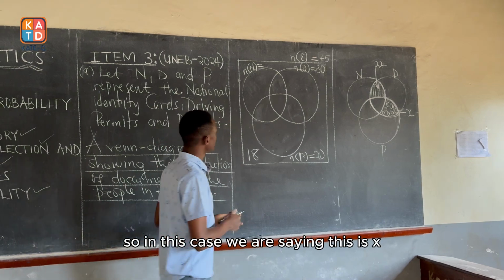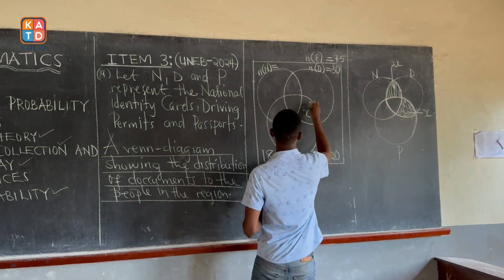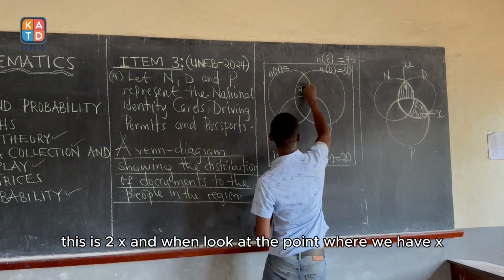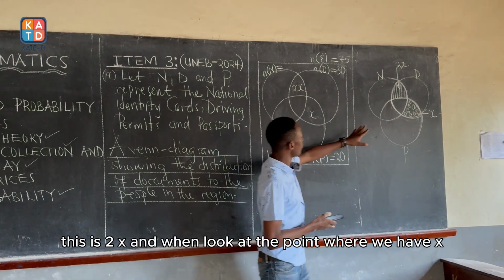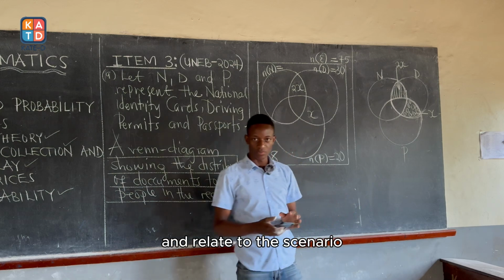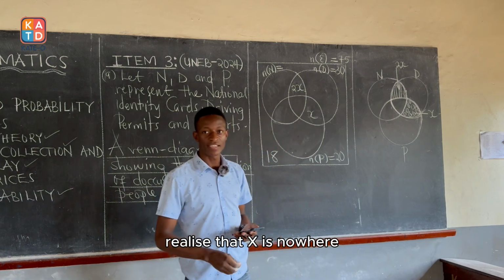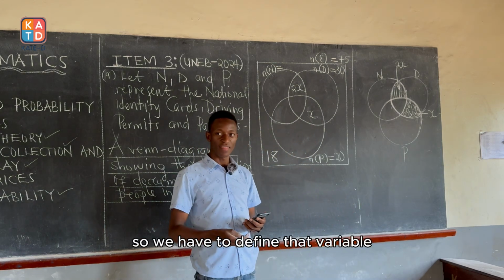So in this case, we are saying this is X, this is 2X, and when you look at the point where we have X and you relate it with the scenario, you realize that X is nowhere, so we have to define that variable.